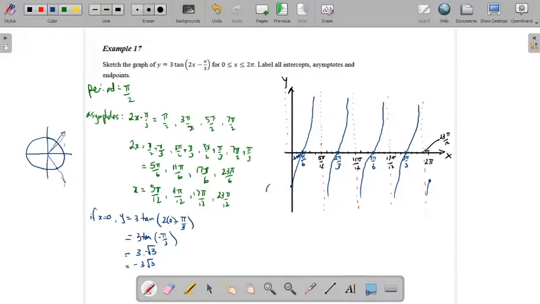So that endpoint there is going to be 0, negative 3 root 3. This one here will be 2 pi, negative 3 root 3. Okay, you can check that on your CAS calculator and you'll find that's the case. Okay, so we've got our endpoints, we've got our asymptotes and our intercepts here.